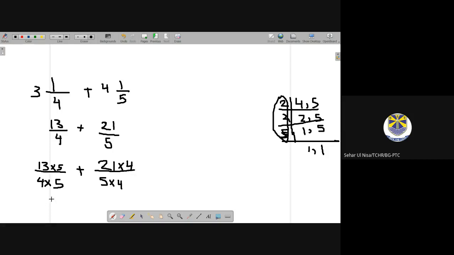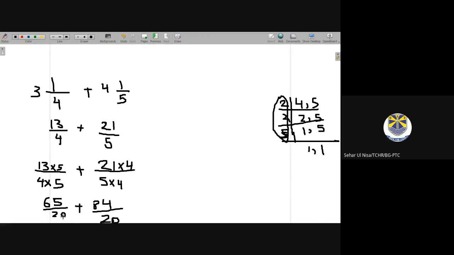Now 13 multiplied by 5 is 65 by 20 plus 84 by 20. And as you know, when we add like fractions, we don't repeat this number 20.